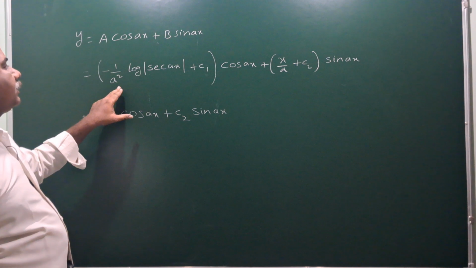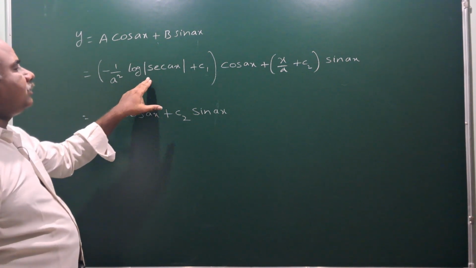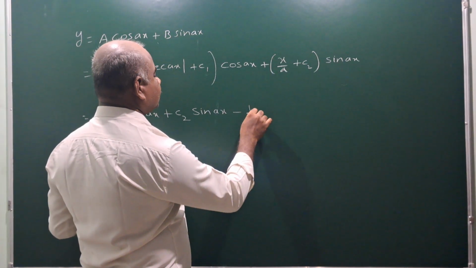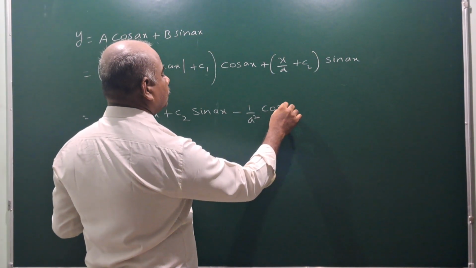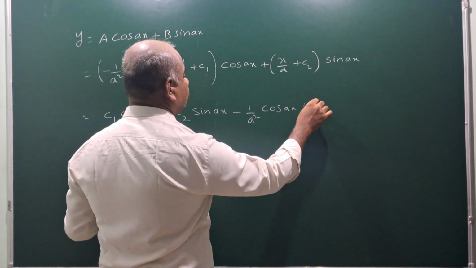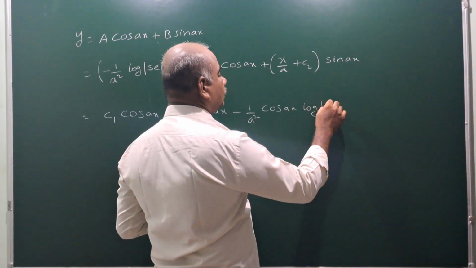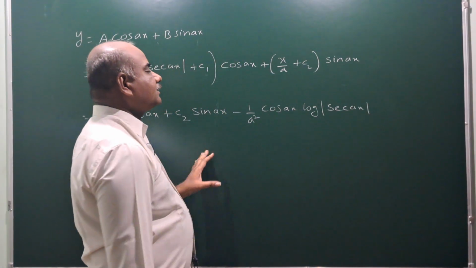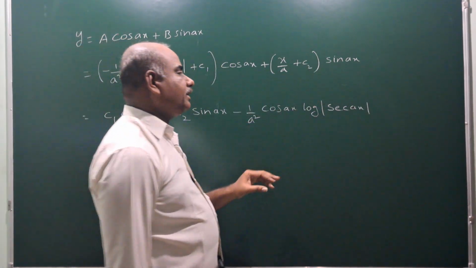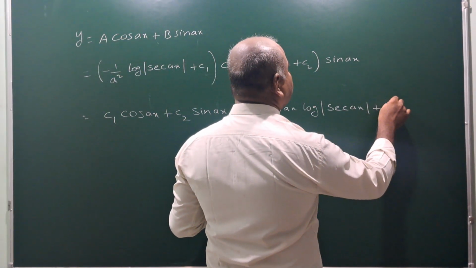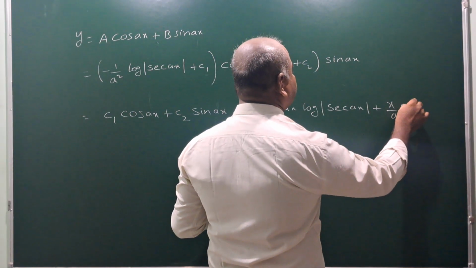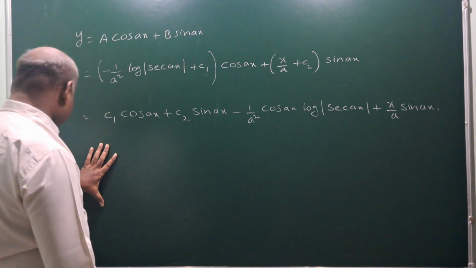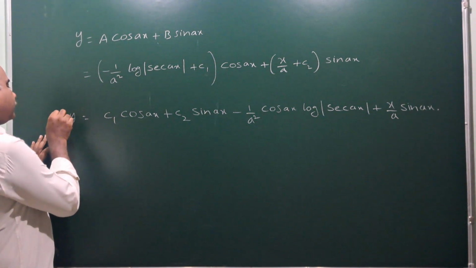And this one, −(1/a²) log|sec ax| into cos ax, which is equal to −(1/a²) cos ax log|sec ax|, and this one, (x/a) sin ax, plus (x/a) sin ax. So finally this is the general solution of the given differential equation.